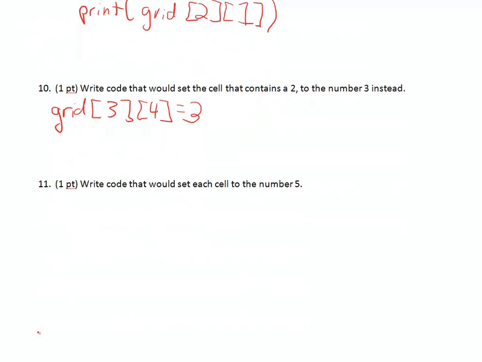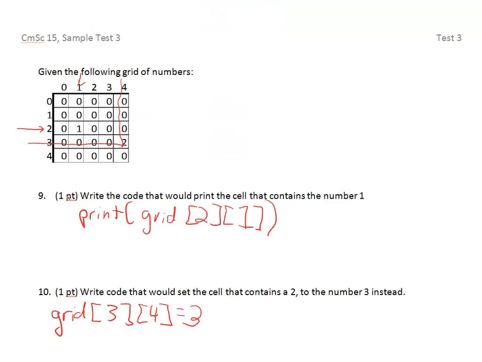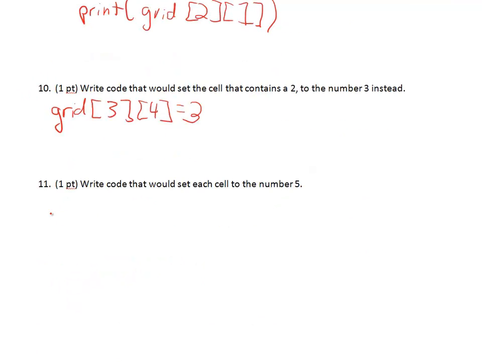All right, moving forward, write code that would set each cell to the number 5. Well, that's just a couple for loops. And we've got 5 cells on both. So I just need to do for row in range 5. That'll go from 0 to 4.